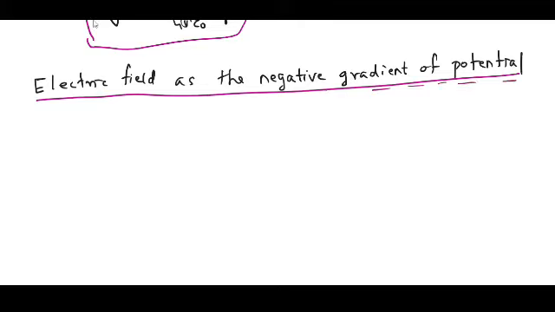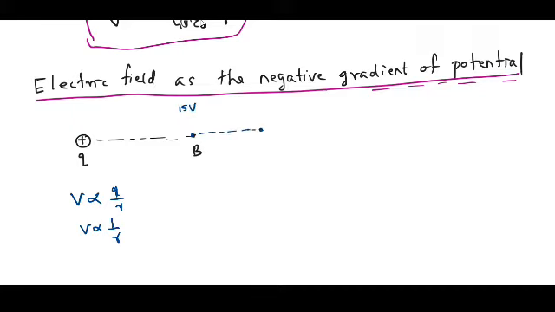Let's consider a charge plus Q. Then at a distance from the charge, at the point B, we know that the electric potential V is proportional to Q by R, or V is proportional to 1 by R. At the nearest point B, suppose the electric potential is 15 volt. Then if you go away to another point, the point A, the electric potential decreases, and I take this potential as 10 volt.